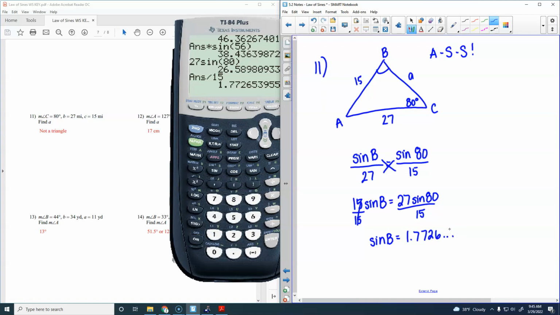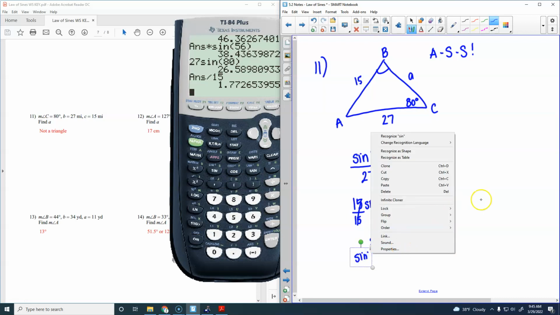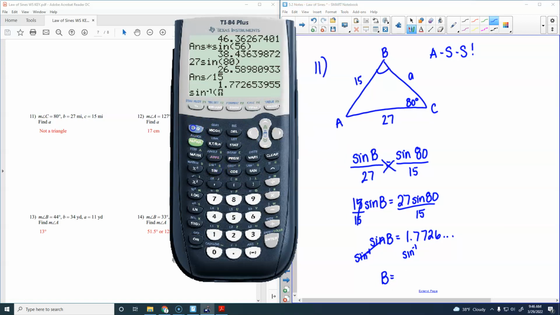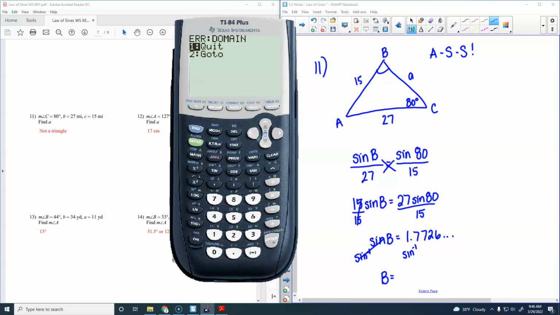All right, so we got to do sine inverse here. Sine inverse of that answer does not work.